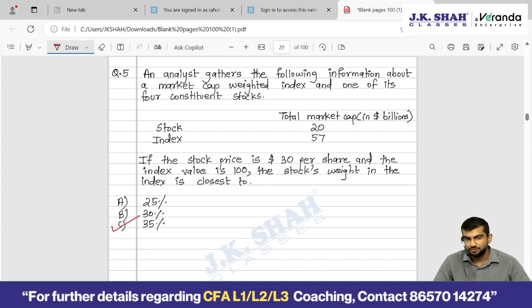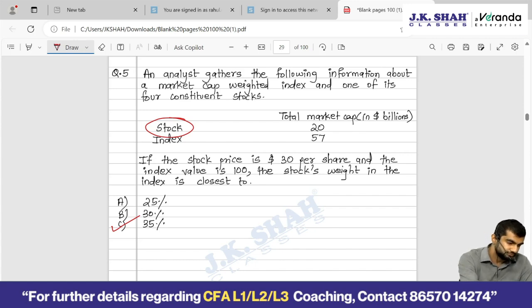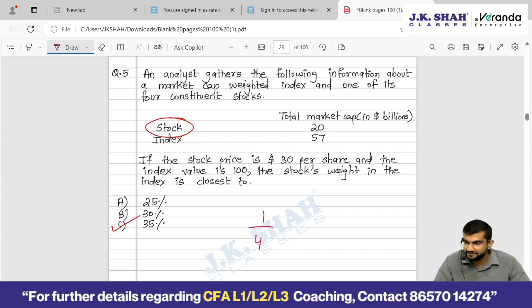If I ask you now, instead of a market cap weighted index, suppose it were an equal weighted index, what would have been the weight of this stock? In an equal weighted index, this stock would have a weightage of 25%. How did I determine that? Because there are 4 constituent stocks in the index, and equal weighting means each stock has equal weight, so 1/4 is 25%.